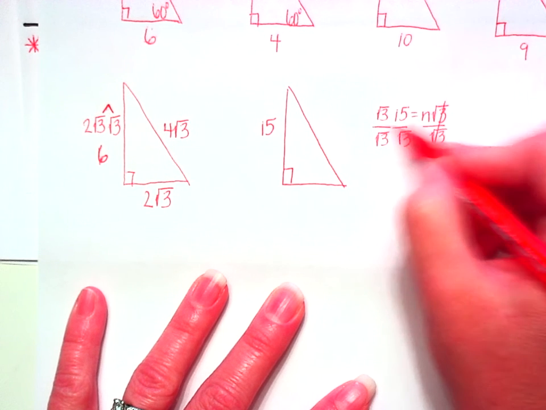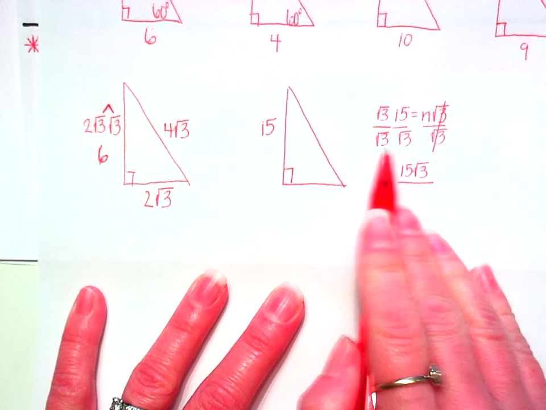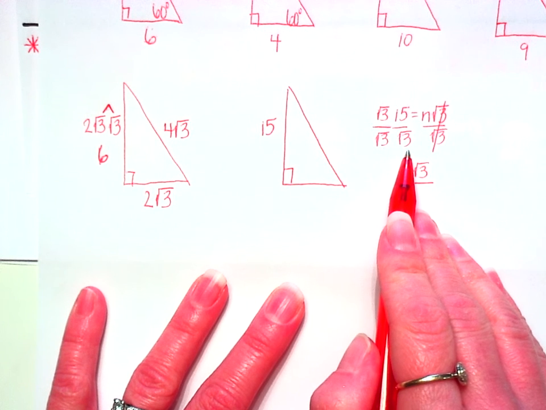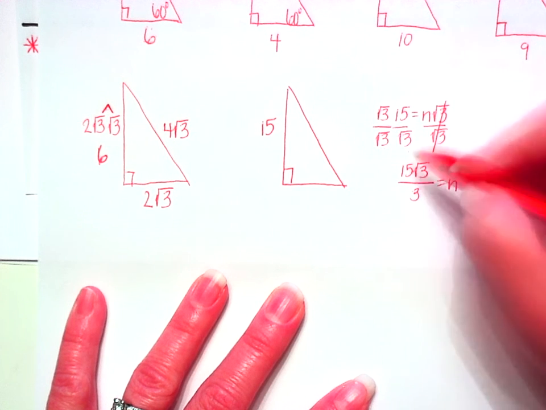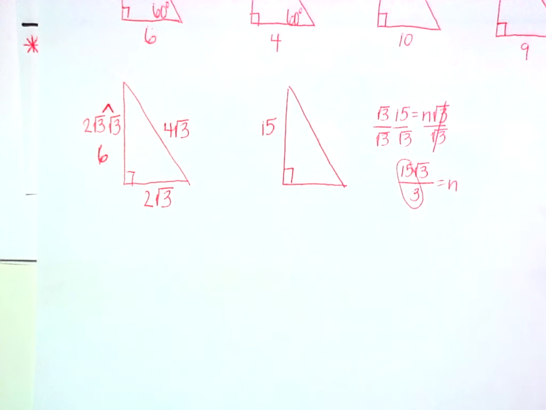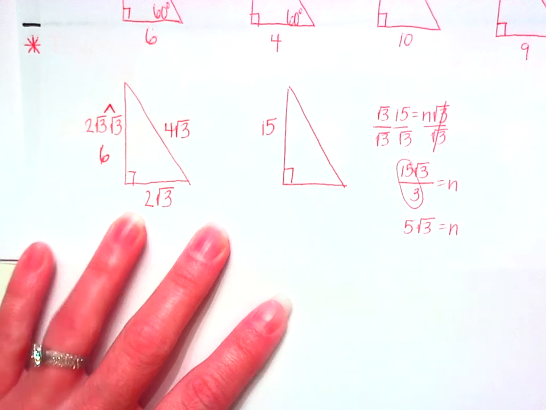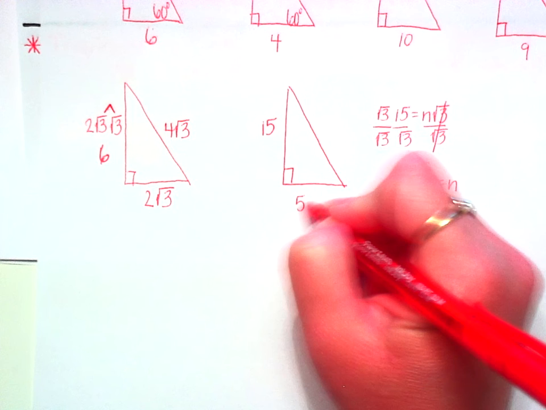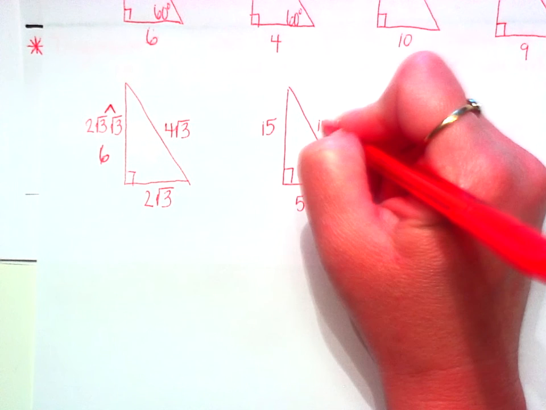And we end up with 15 square root 3 in the numerator and square root 3 times square root 3 in the denominator. And remember, when you multiply those together, you just get 3. And then that simplifies. 15 divided by 3 is 5. So your n is 5 square root 3. And then your hypotenuse is supposed to be double that. So it is 10 square root 3.